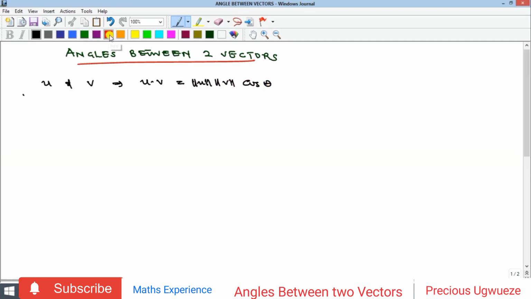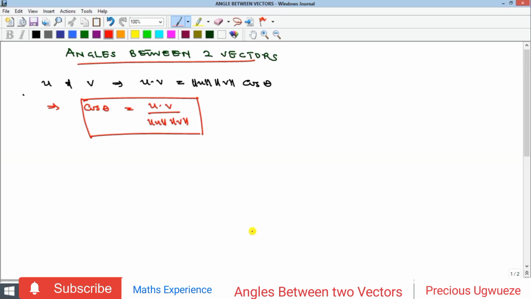So from this relationship, it implies that cos theta is equal to u dot v all over the magnitude of u times the magnitude of v. With this formula, we will be able to find the angle between any two vectors you are given.